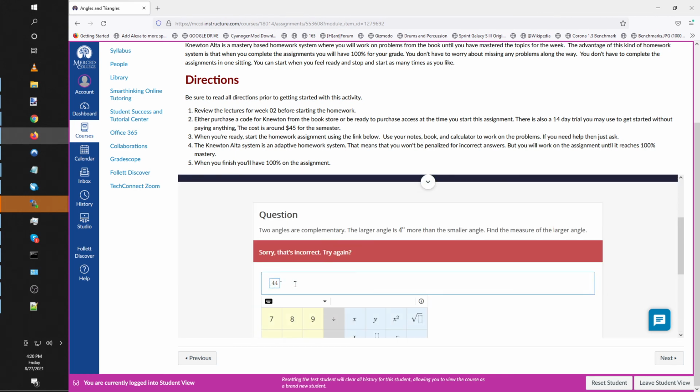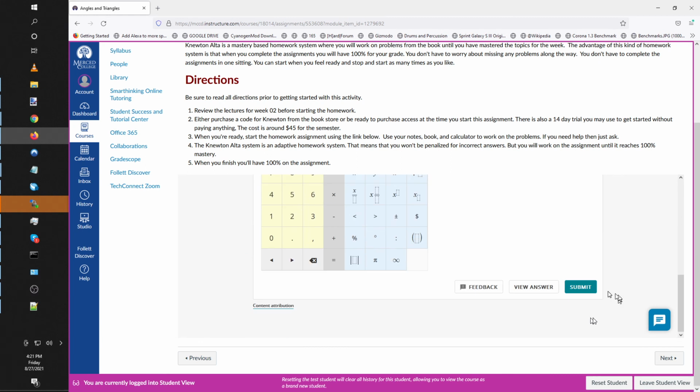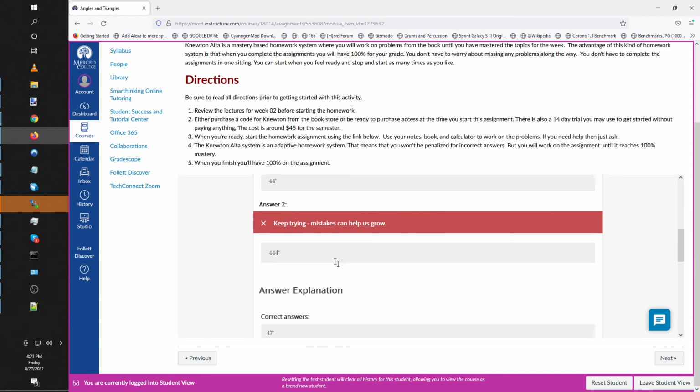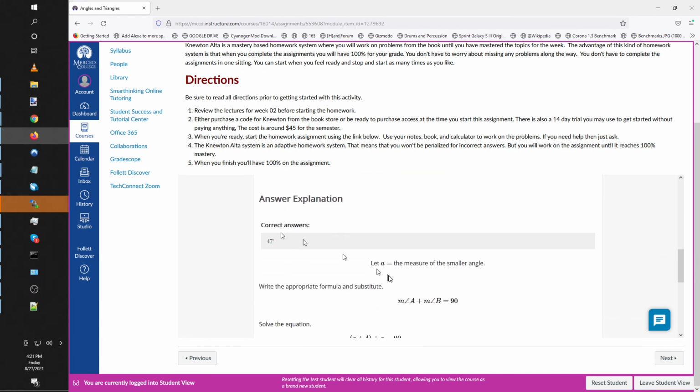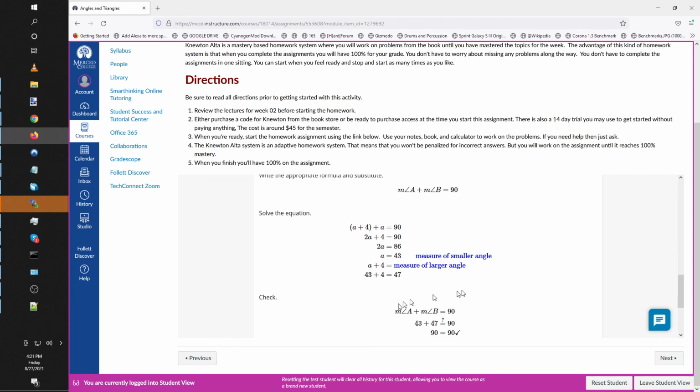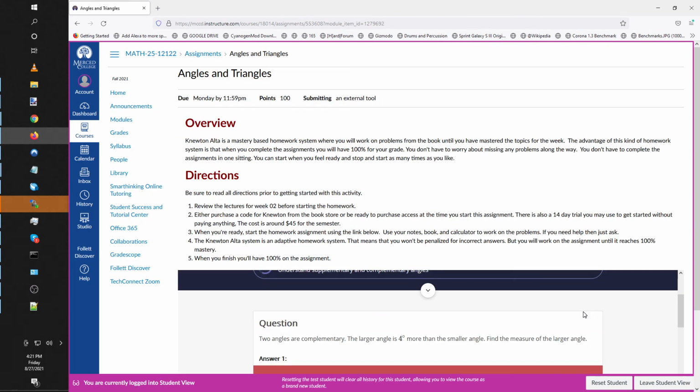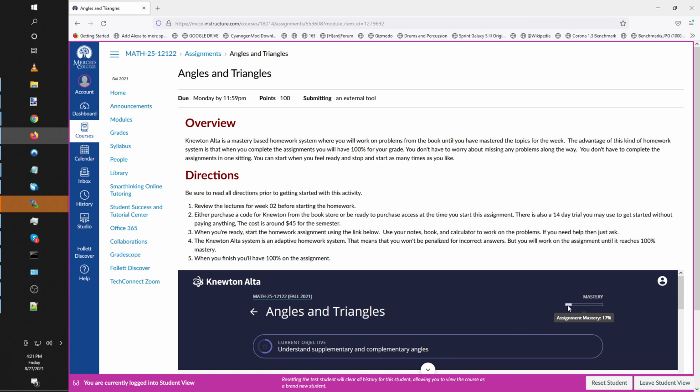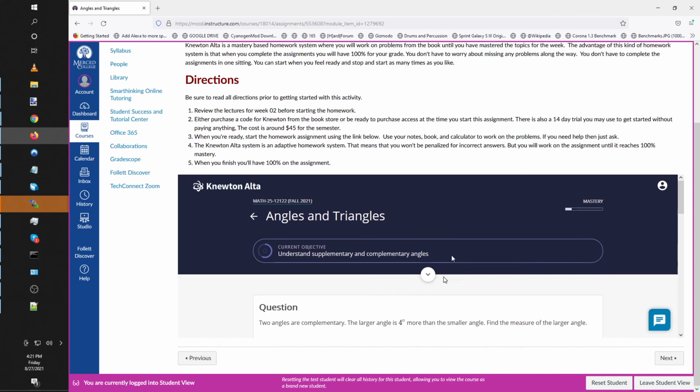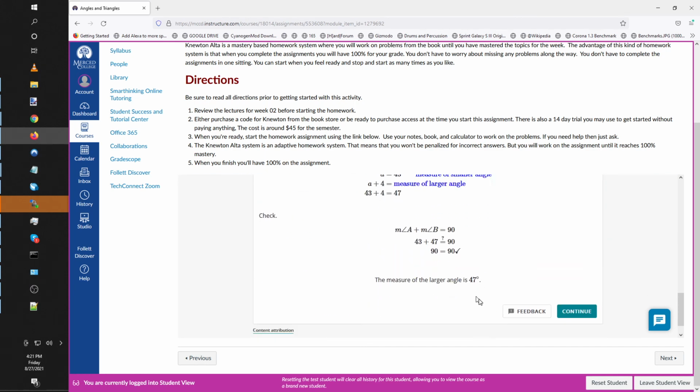I'm going to get it wrong again. Okay, after I got it wrong twice, they're going to tell me how to do the problem again. And if you look up here, my mastery went up to 17%. So even though I got that one wrong, my mastery still went up. And you just keep working on problems. Your mastery goes up to 100, and when it goes up to 100, you'll be done. Okay, and that's how the homework system works.